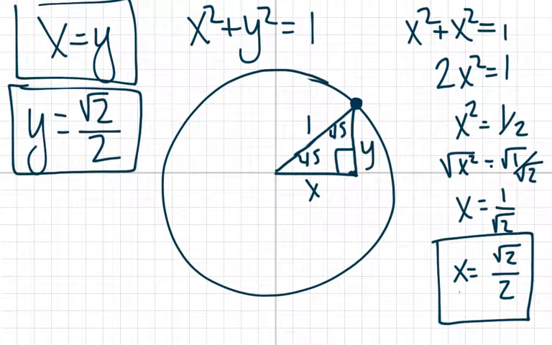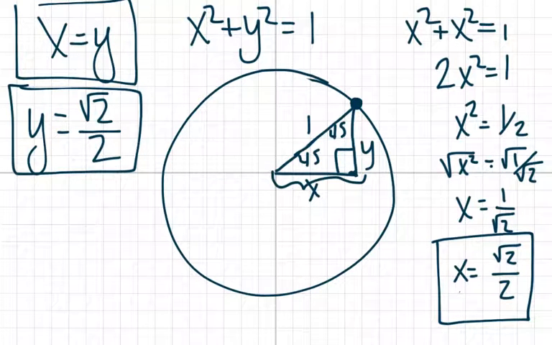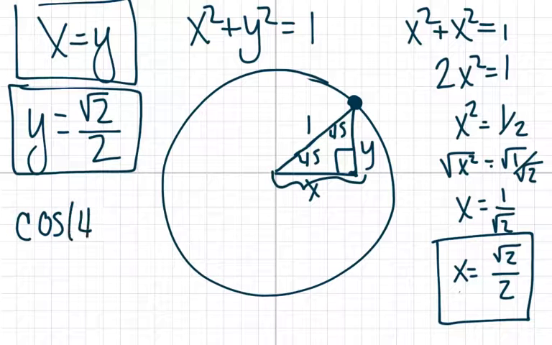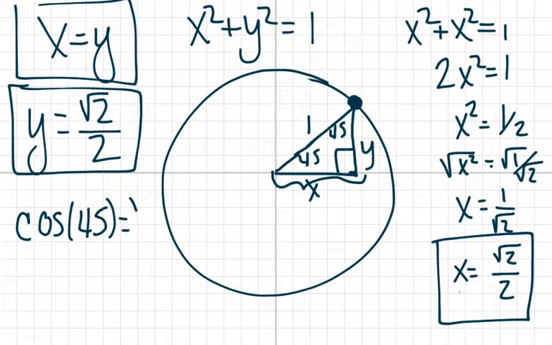We defined our cosine theta to be the x-coordinate of the point determined by the terminal side of theta. So in this case it's 45 degrees. That means that cosine of 45 degrees equals root 2 over 2.